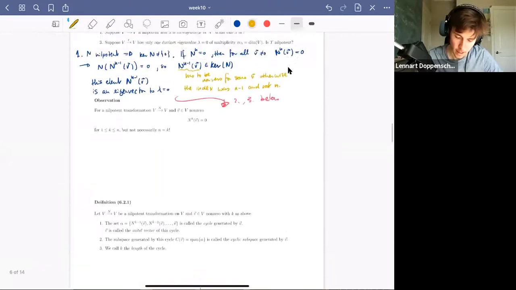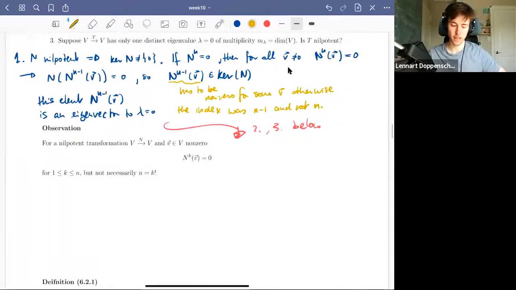So before that, I want to first mention that if you have a nilpotent transformation of a certain index, and you have a vector that is non-zero, then it might happen that some power of n that is less than the index will actually send this to 0. So this depends on the vector v.